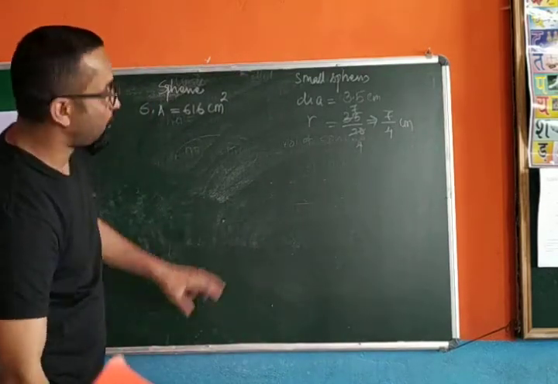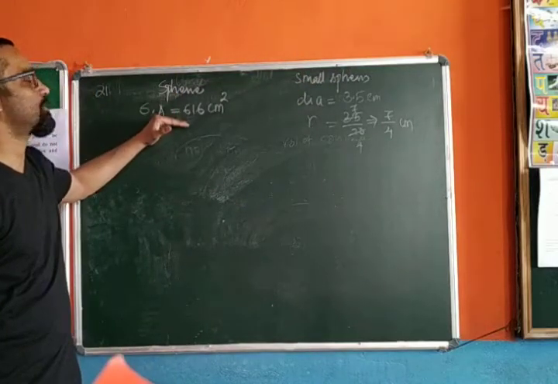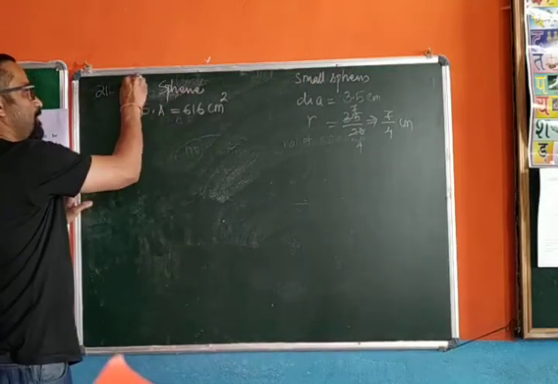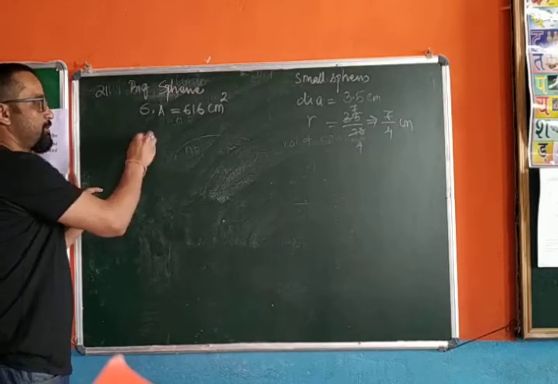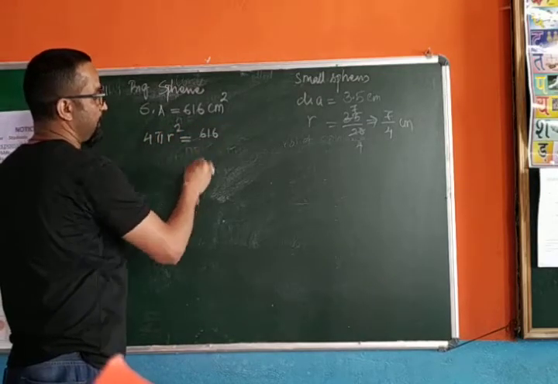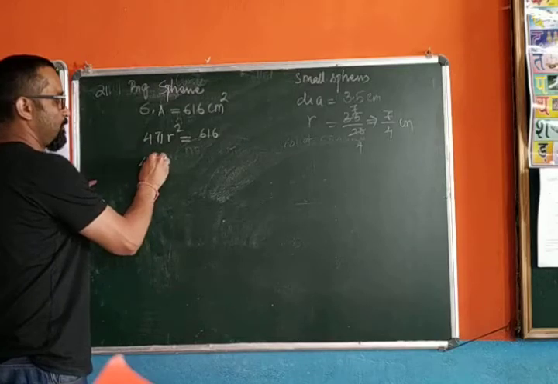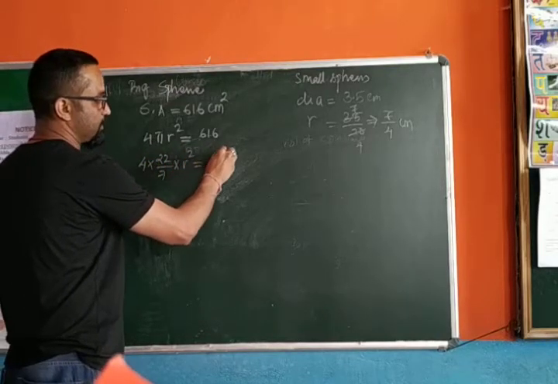The question says to calculate the number of small spheres. We do not know the radius of the big sphere, and the surface area is given to calculate the radius. 4 pi r squared equals 616. 4 into 22 by 7 into r squared equals 616.